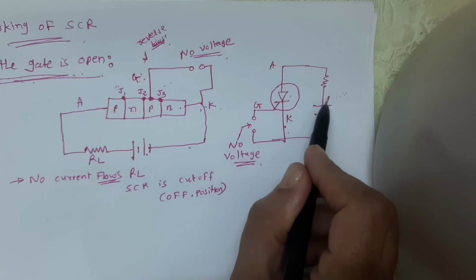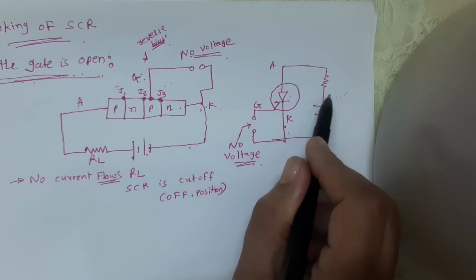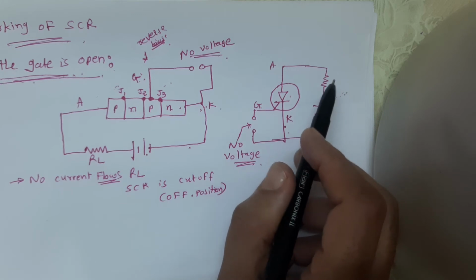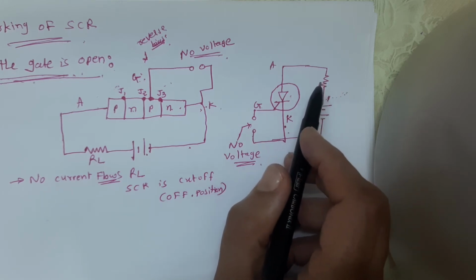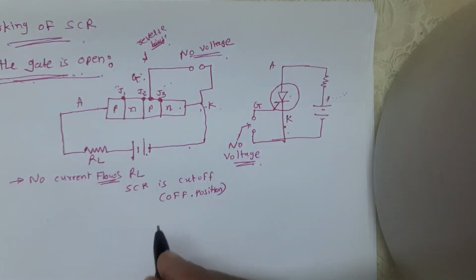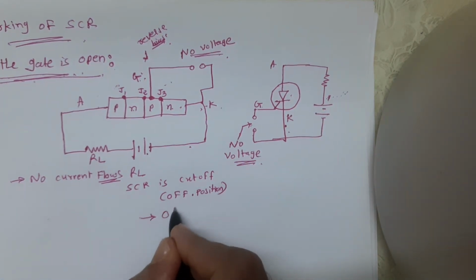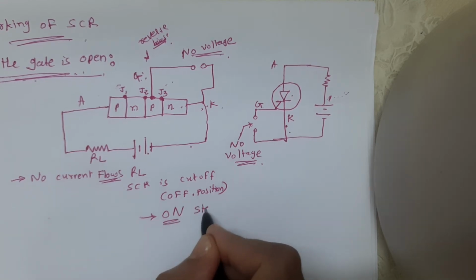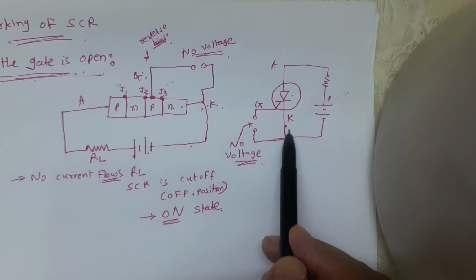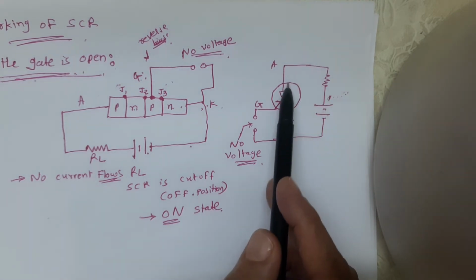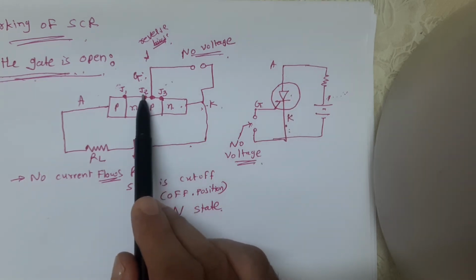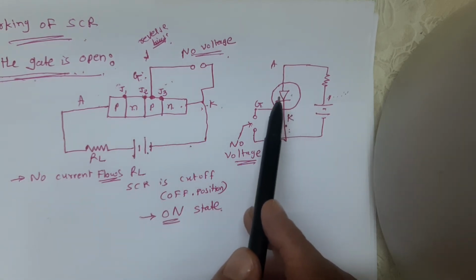But when we increase the voltage beyond its breakdown voltage, the SCR conducts heavily and is said to be in the on state.